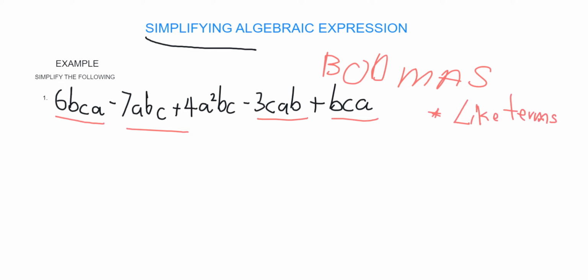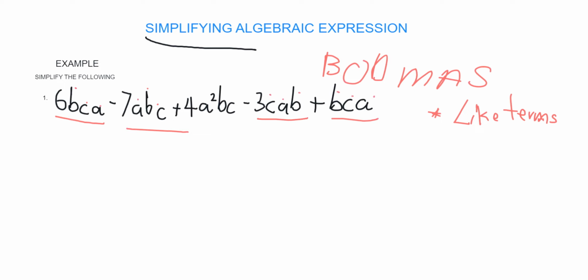Surely there is something that you are recognizing from all this. Look, you are having B, C, A; A, B, C; C, A, B; and B, C, A. So what does that mean?